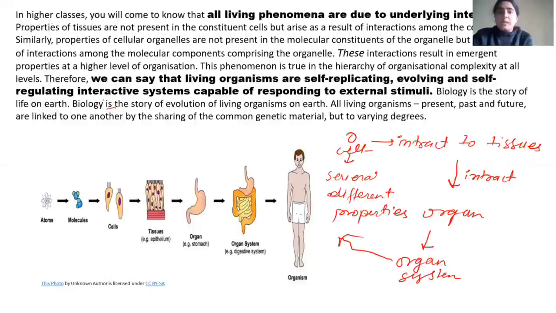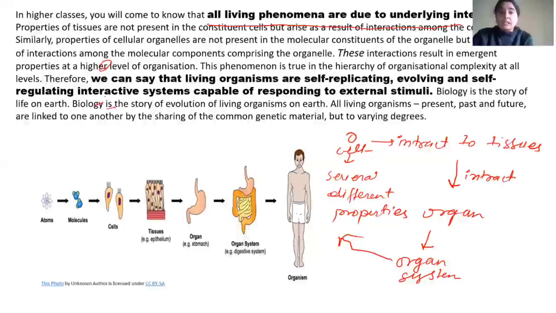So all living organisms and all living phenomena are due to underlying interactions. They interact with each other and work in a regulatory manner. Cells have different functions, and when they interact to form tissues, the tissues have different functions and properties. The whole organism has different properties.